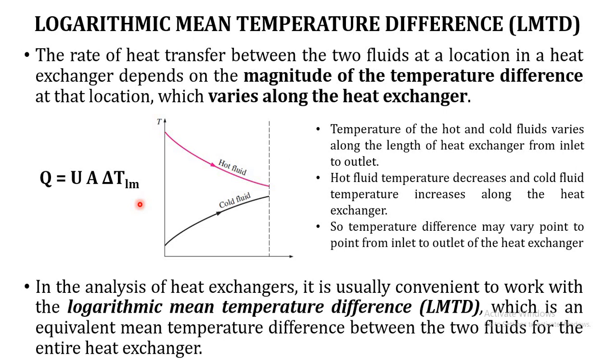The LMTD, logarithmic mean temperature difference, is defined as that temperature difference which, if constant, would give the same rate of heat transfer as actually occurs under variable conditions of temperature difference.